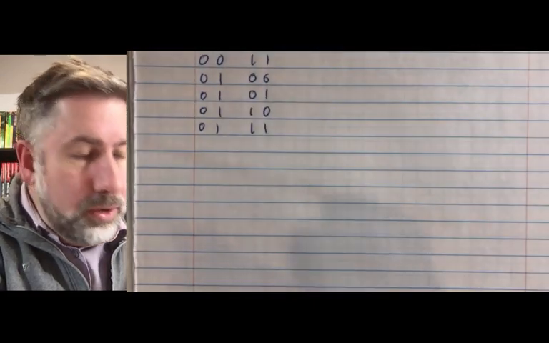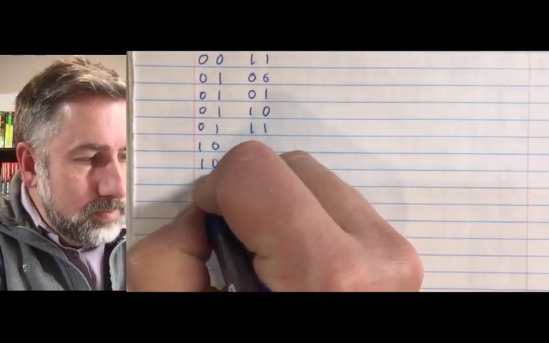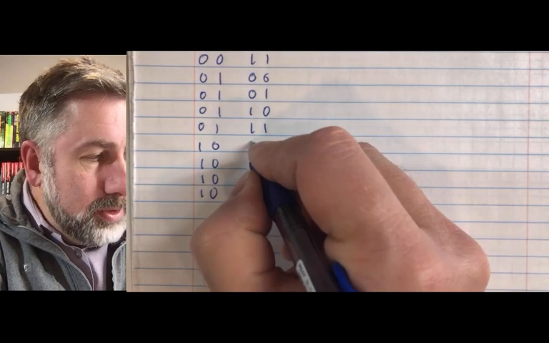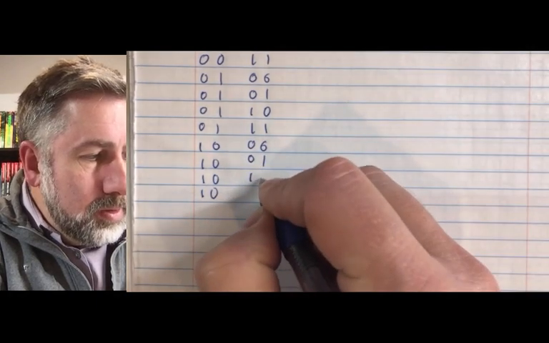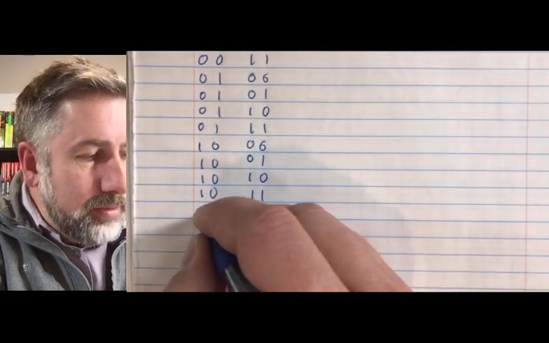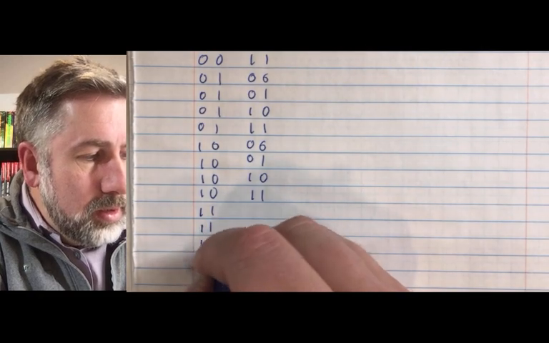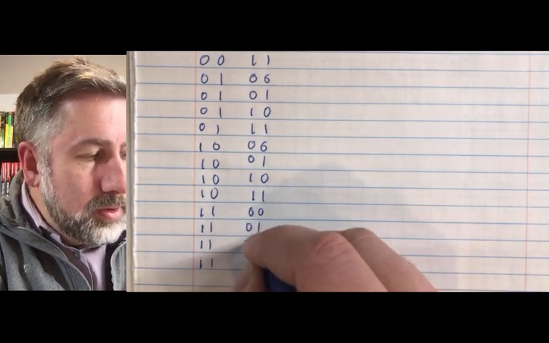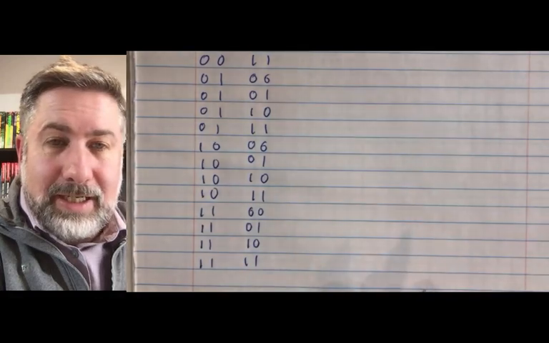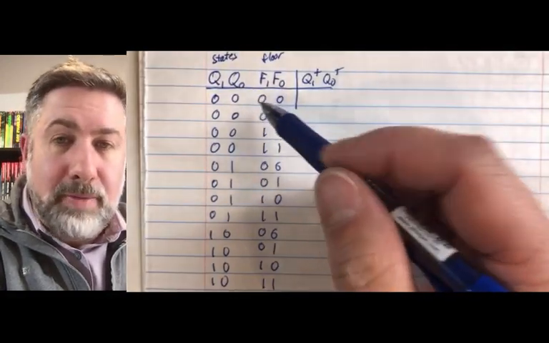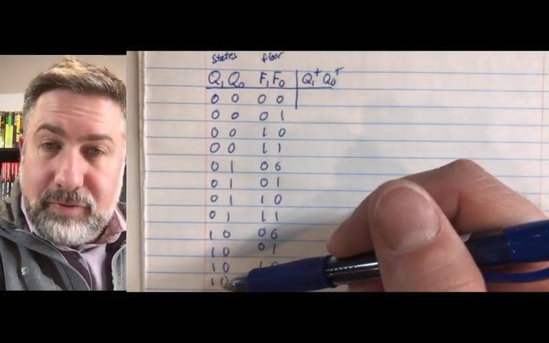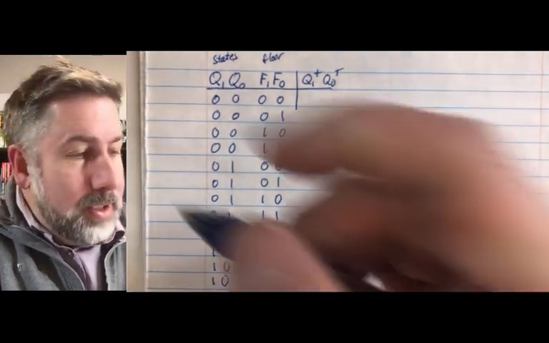If I'm in state 2, there are 4 possibilities. And if I'm in state 3, there are 4 possibilities. And you should recognize this as just an enumeration of the minterms for a 4-variable map, which makes sense.